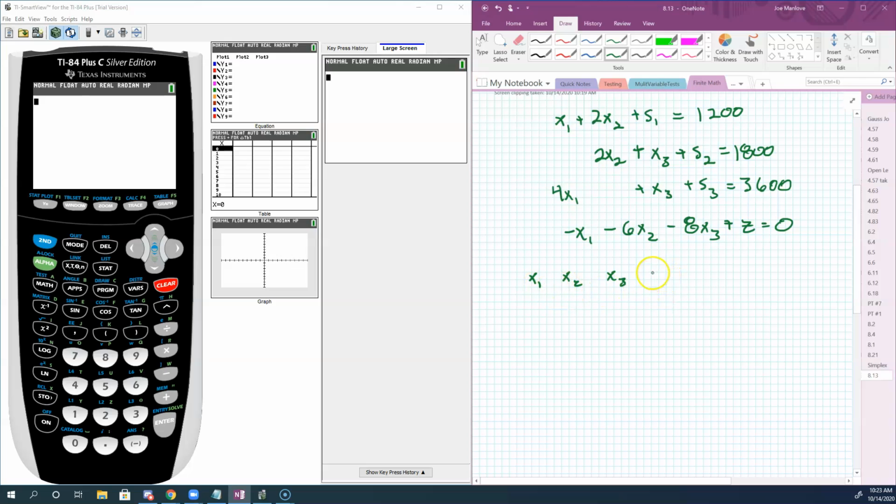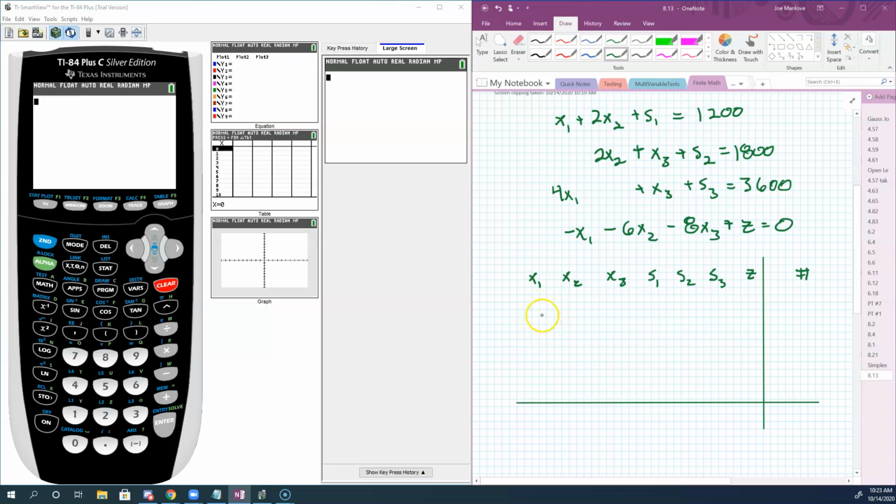So I have my 3 x's, my 3 slacks, my z variable, and then the numbers on the other side. Okay, so then I need some lines. So I need a line like this and a line like this.